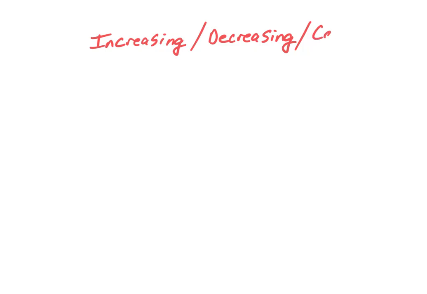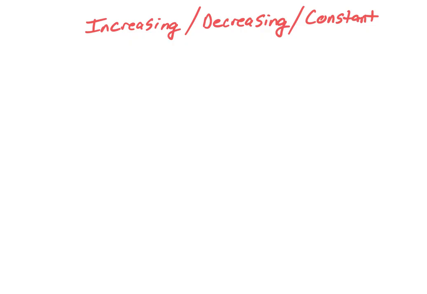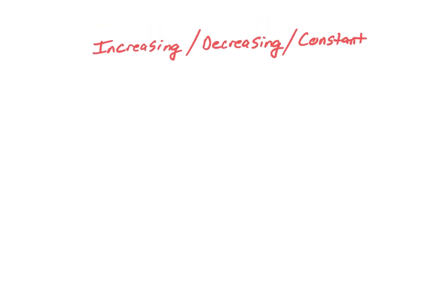On this next one, we're going to talk about three different kinds of things that can happen when we have a function. We're going to try to determine where is the function increasing, decreasing, or constant. An increasing function is where the function is rising or getting bigger, right?